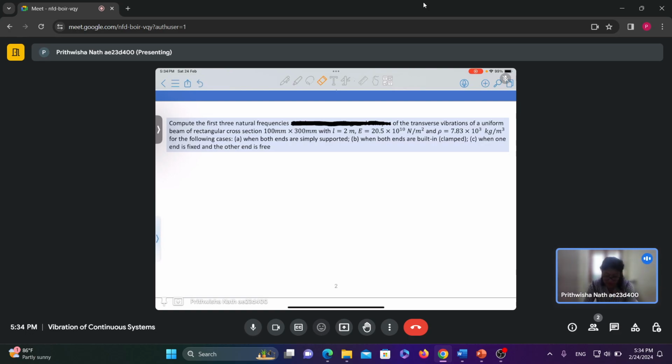So from the question we know the length, the E and the rho, and we can also calculate the cross sectional area of the beam from the given data.